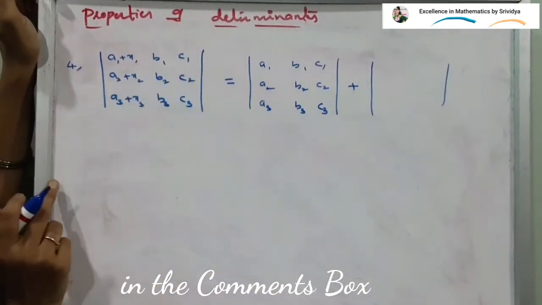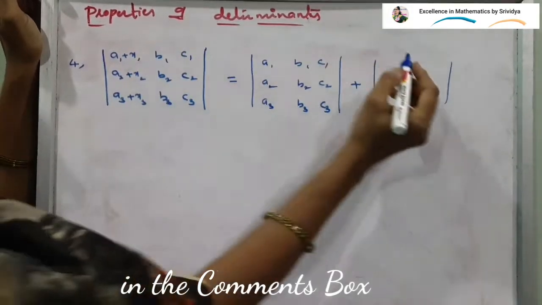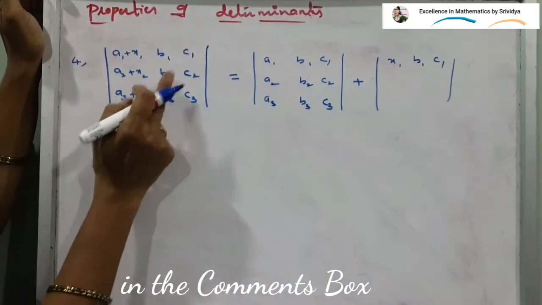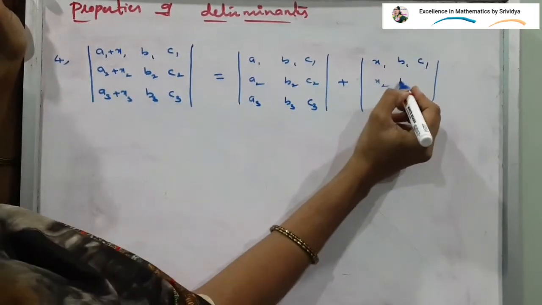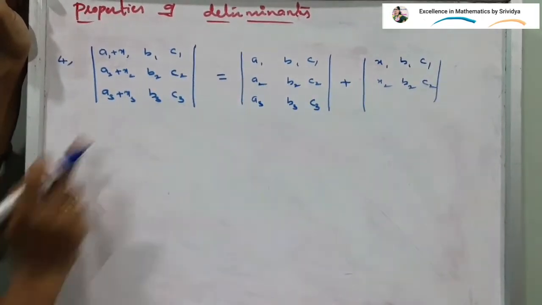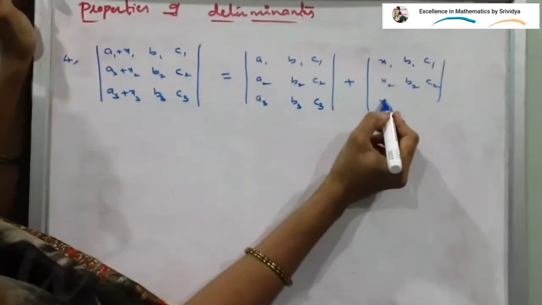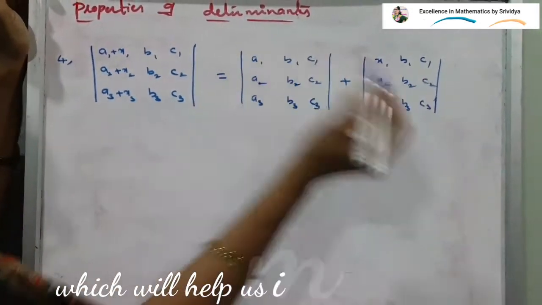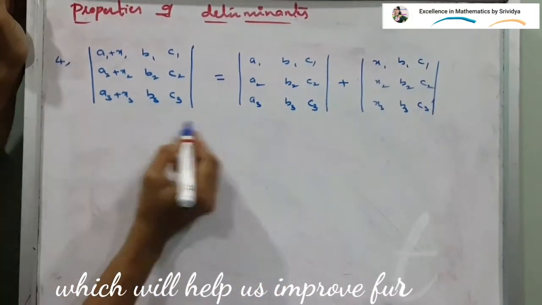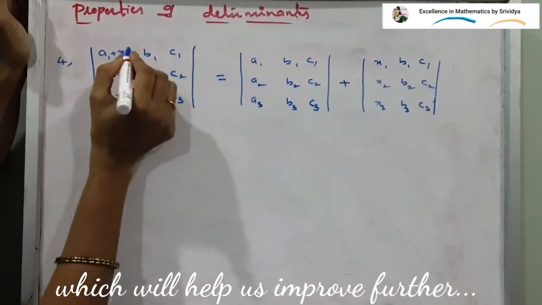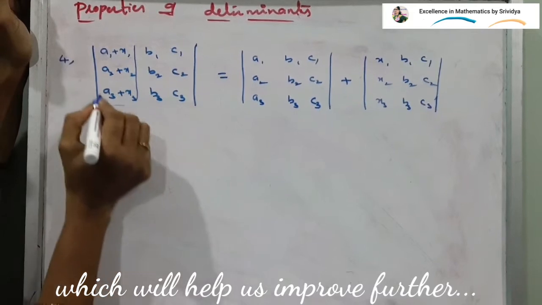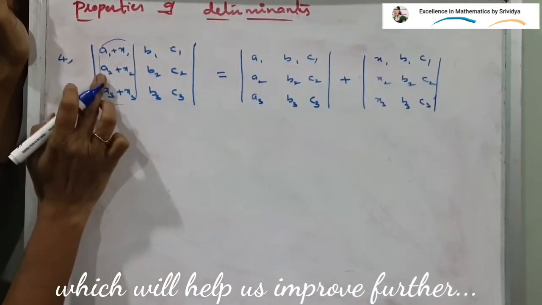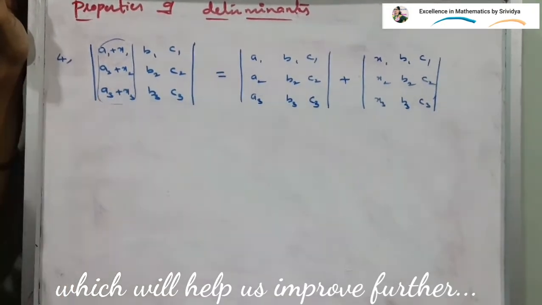Split into two matrices: x1, b1, c1, x2, b2, c2, x3, b3, c3. In the first column, each entry is a sum of two numbers: a1 plus x1, a2 plus x2, a3 plus x3.